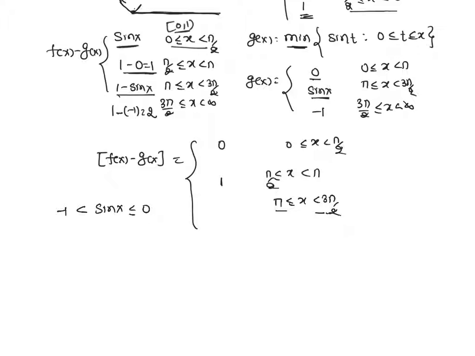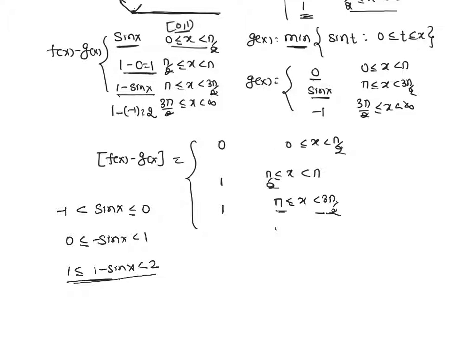If I multiply by minus, we get 0 less than or equal to minus sin x, less than 1. Now if I add 1, 1 less than or equal to 1 minus sin x, less than 2. That means between π and 3π/2, 1 minus sin x lies between 1 to 2. So the greatest integer of 1 to 2 is 1.